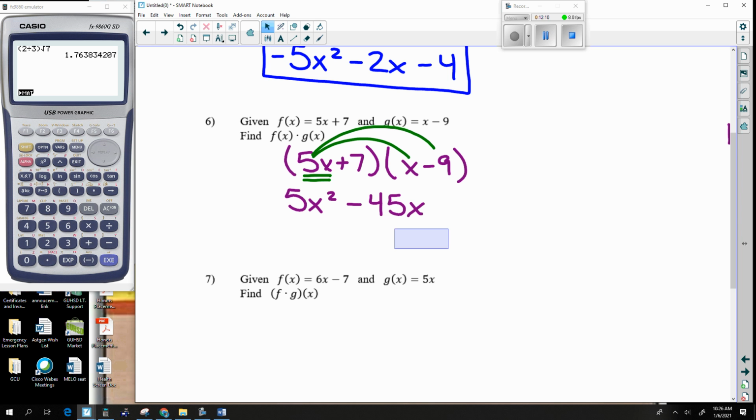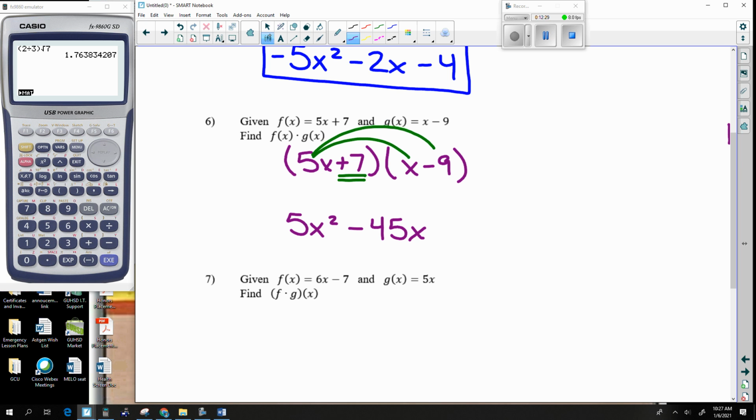All right. So what we do is we take that very first element, 5x, and we multiply it with everything of that next. So that would be the x and the -9. After we're done with that, you scooch to the next element of that first bit, and you repeat the process. So this will be 7 times x and 7 times -9.